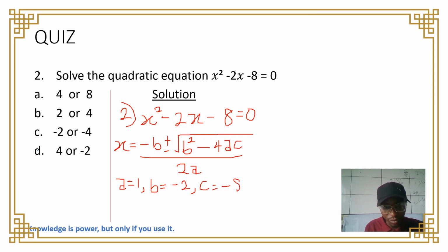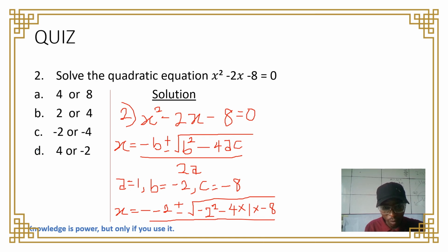Substituting all these values into the quadratic formula, we have x equal to minus (-2), because our b is -2, plus or minus square root of (-2) squared minus 4 multiplied by 1, which is a, multiplied by -8, which is c, everything over 2 multiplied by 1, because a is 1.